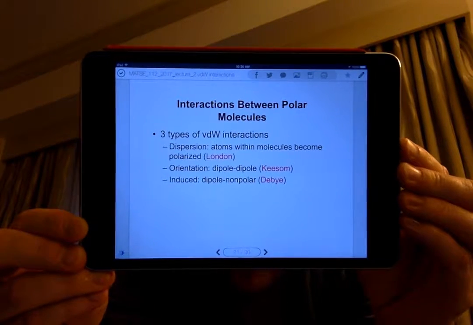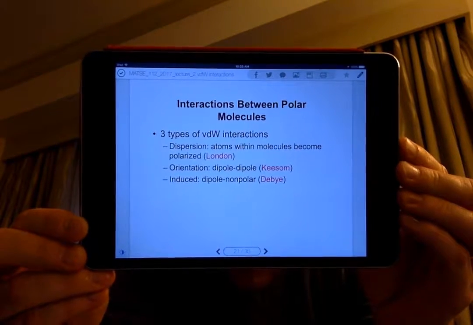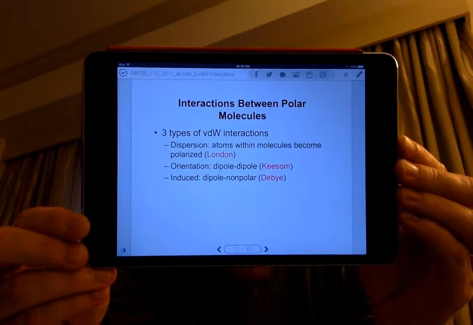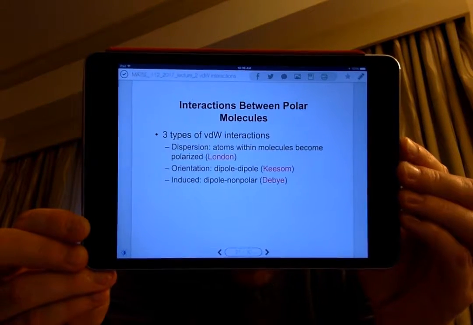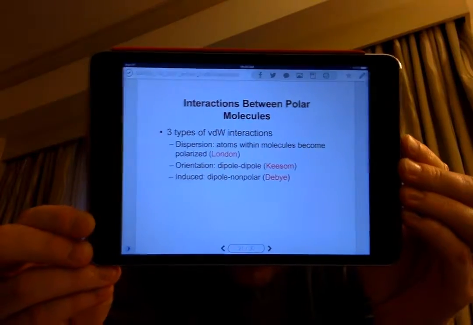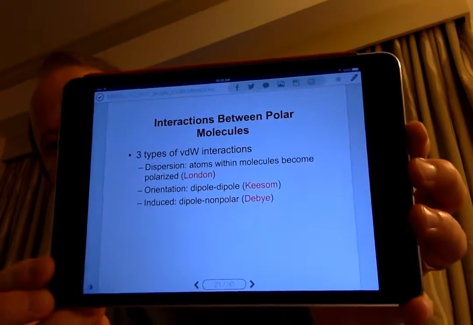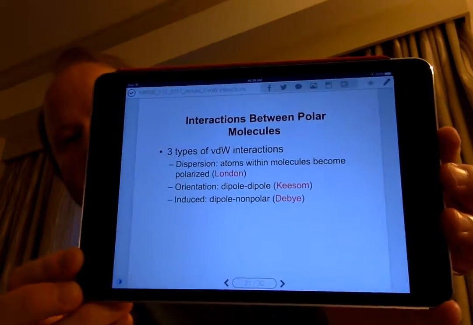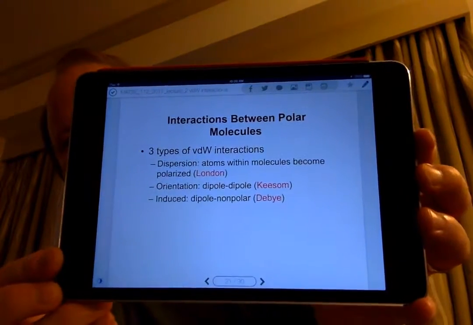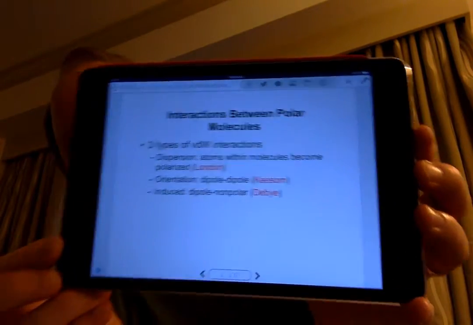We're going to have orientational forces, or dipole-dipole forces, and those are called Keesom forces. And then the last one is dipole nonpolar forces, which is called the Debye force. These different interactions have different mathematical formulas, and we'll cover that in this lecture. We want to be able to break down the different types of van der Waals interactions depending on what the molecules are.